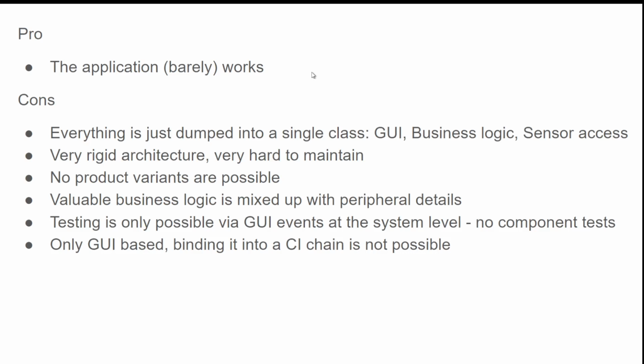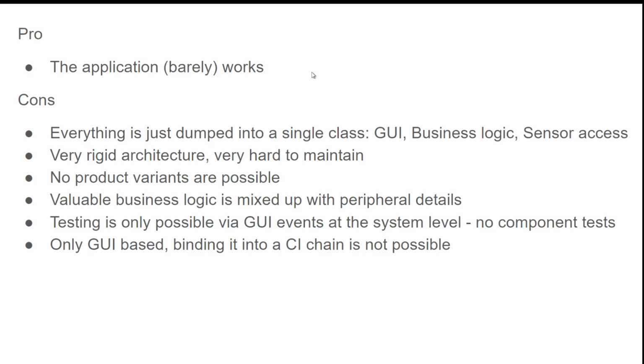Another very big problem is that the valuable business logic is mixed up with all the peripherals. By peripherals I mean not only the sensors, but to me also the UI. The user access is also just a peripheral. And then we can make a distinction, because our valuable business logic is hopefully something really valuable that is permanent for our business.